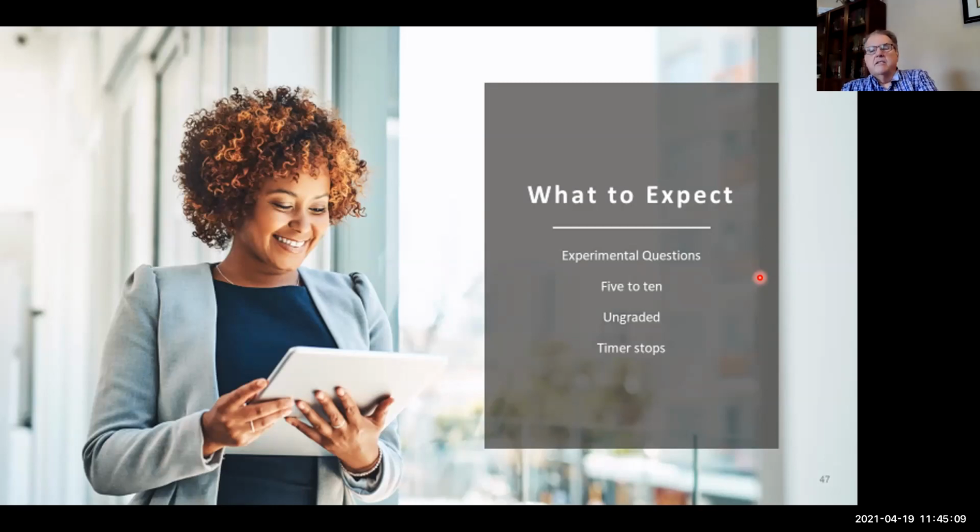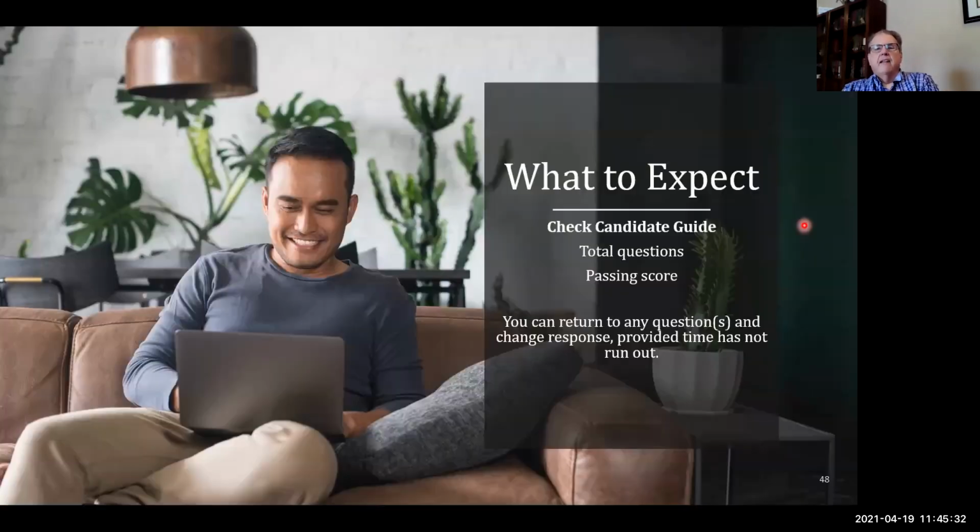They're not graded, and typically the timer stops when you're on one of those experimental questions. The timer stops because it's not fair to burn up your test time while you're a guinea pig for PSI, Prometric, or Pearson VUE, or whoever the testing service is.